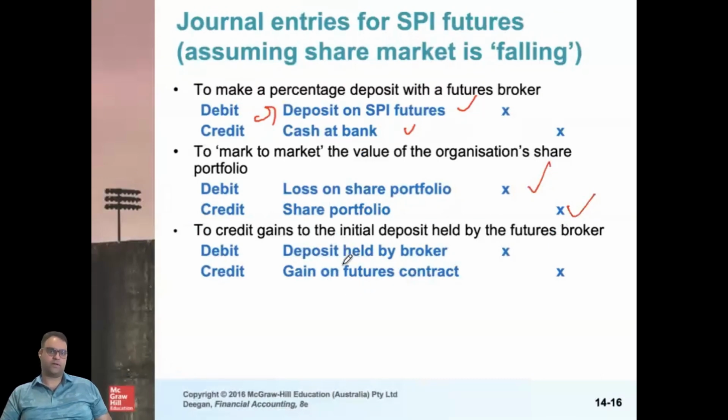If you have a gain instead of a loss, then the deposit with the broker will be increased, which is the SPI futures, and the credit will be gain on futures contract. Just like the loss on share portfolio was a debit, here the gain will be a credit.